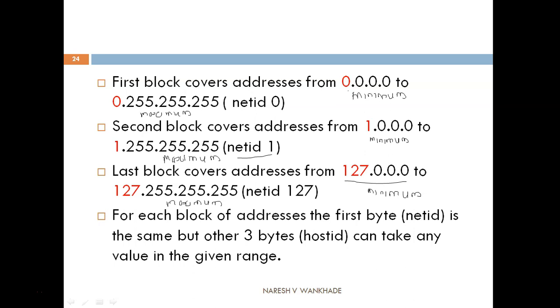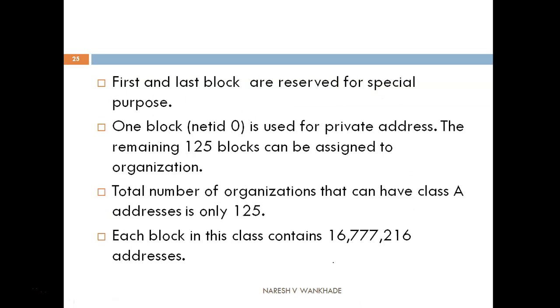For each block of addresses, the first byte, that is net ID, is the same, but the other 3 bytes, that is host ID, can take any value in the given range. Here the first and last block are reserved for special purposes. One block, that is net ID 0, is used for private address, and the remaining 125 blocks can be assigned to organizations.